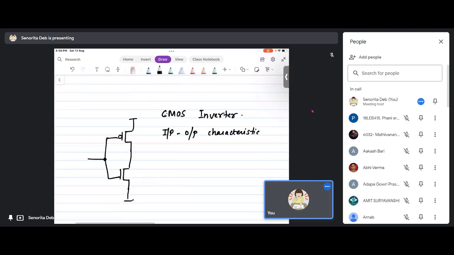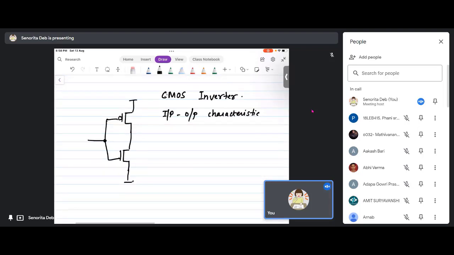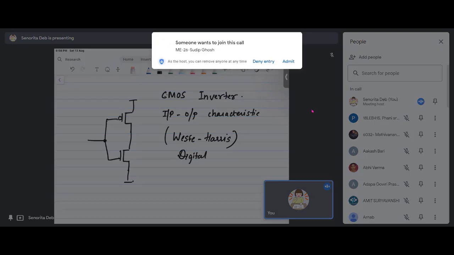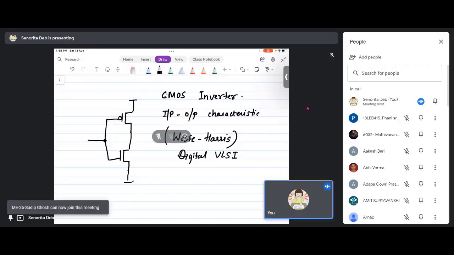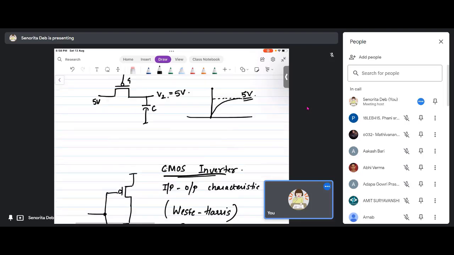So you guys should go through the CMOS inverter, and if you want to refer to some book, you can refer to Weste Harris, PDF is available. Weste Harris or any digital VLSI book can help you. Please go through the CMOS inverter concept. So this I think is clear.